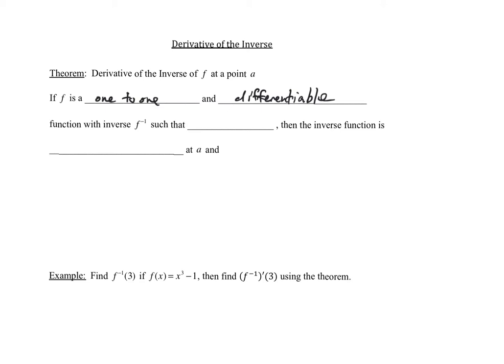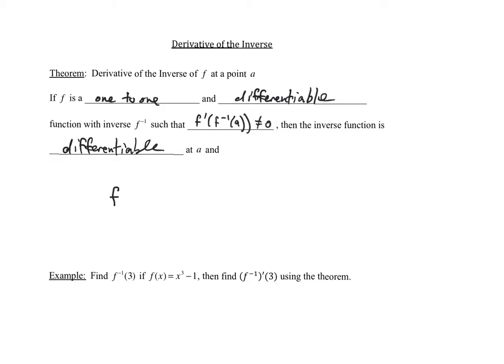So if f is a one-to-one and differentiable function with an inverse, f inverse, such that f prime of f inverse of A is not equal to 0, then the inverse function is differentiable at the point A, and we have a formula.